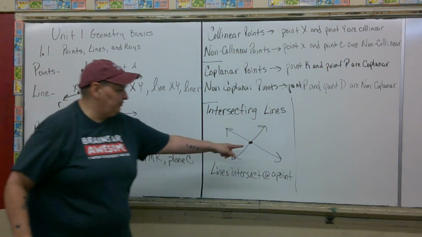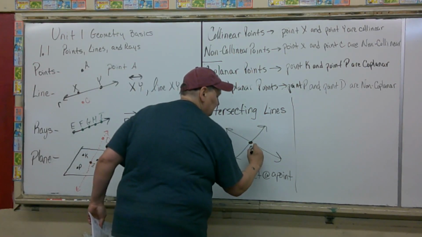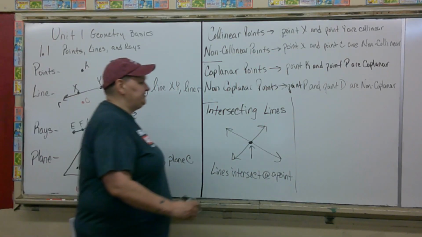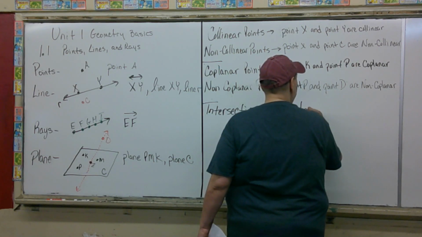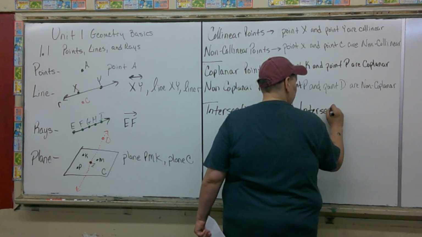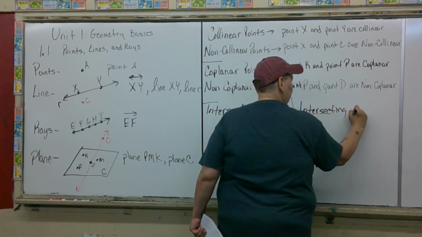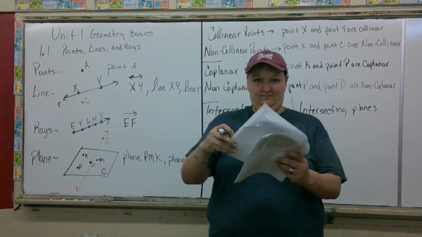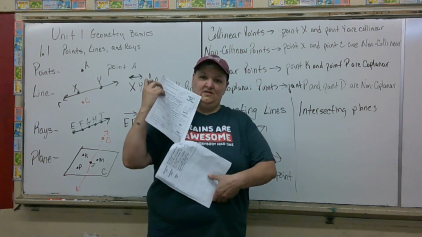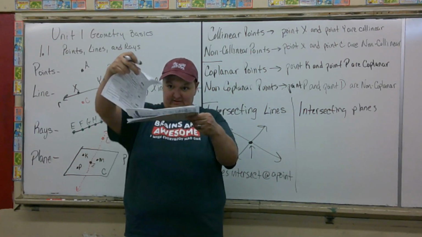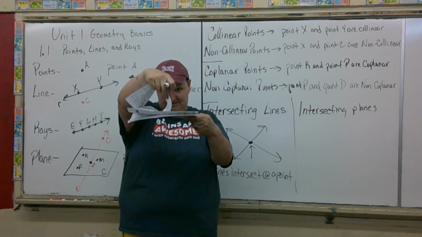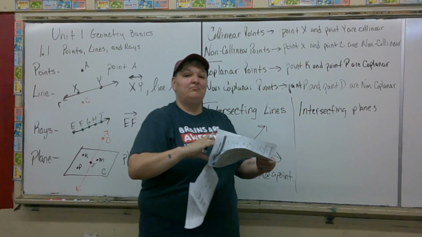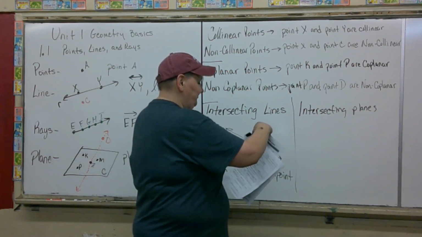Lines intersect at a point. But you also have intersecting planes. Plane, plane, intersect. This is how we create boxes, right?